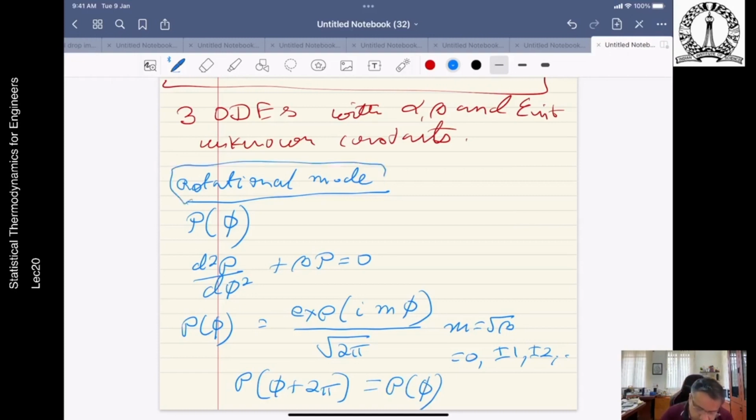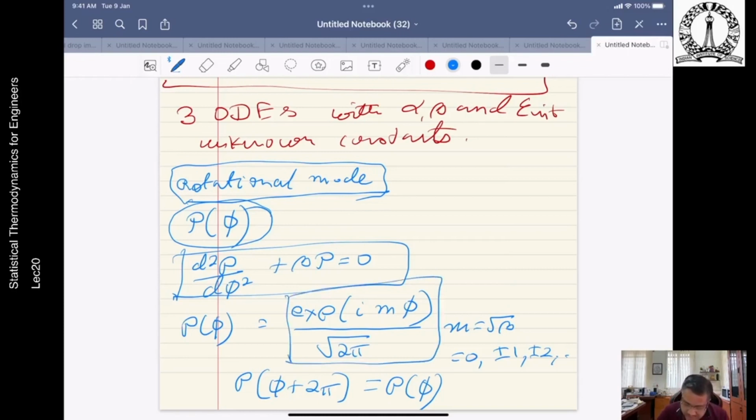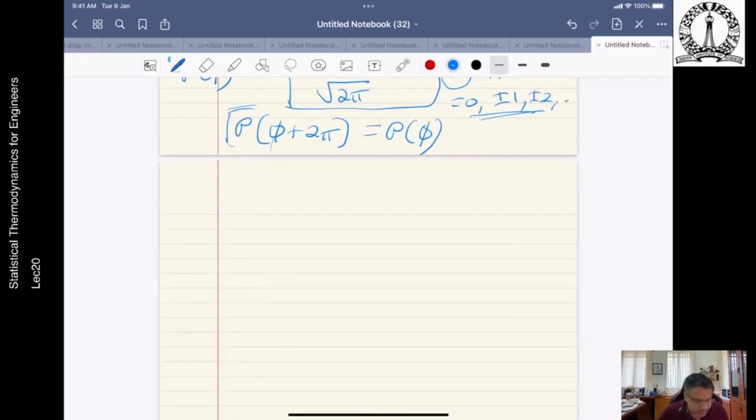So this is the rotational mode, which is given by P(phi). Okay, and this is the expression. If we solve this P(phi), it is given in this particular form, where m is nothing but root over beta, and is given by 0, plus minus 1, plus minus 2, with the argument that P is a periodic function, so phi plus 2 pi gives P(phi) once again, right? Okay. So this gives you the first expression.